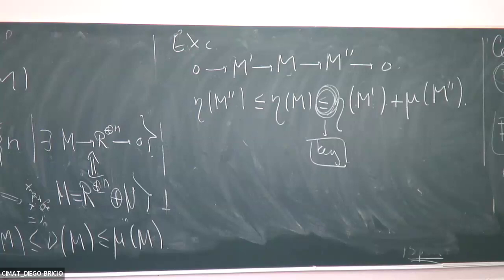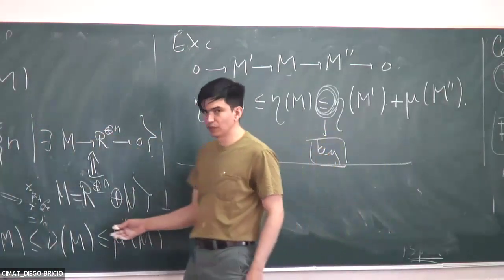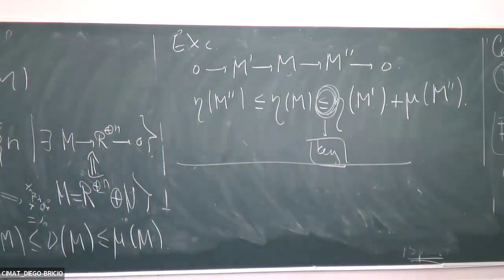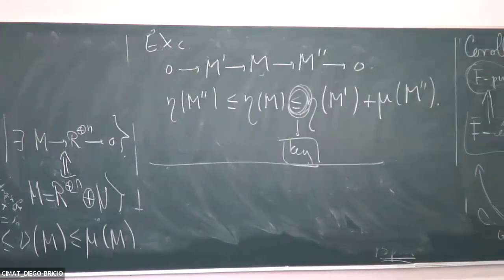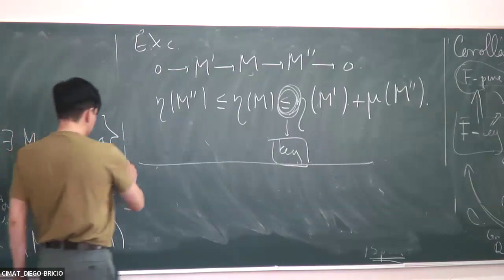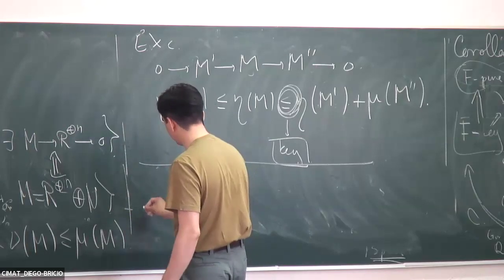So what do we want to do? You see that these numbers tell you how free a module is. So the point is to apply that to who? To the Frobenius pushforward of R, right?